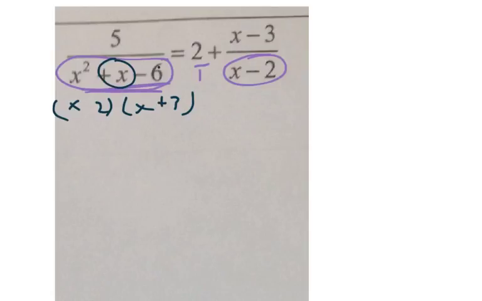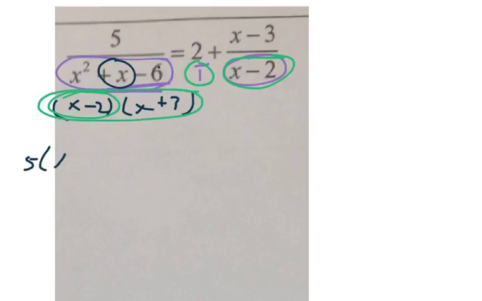I'm going to do a plus 3 minus 2. And notice, this will be my LCD because the 1 is insignificant. This denominator is x minus 2, which is part of this one. So I'm going to multiply everything by x minus 2, x plus 3.